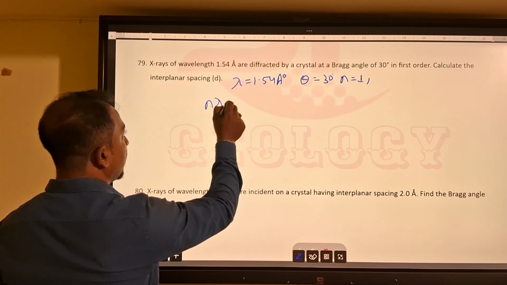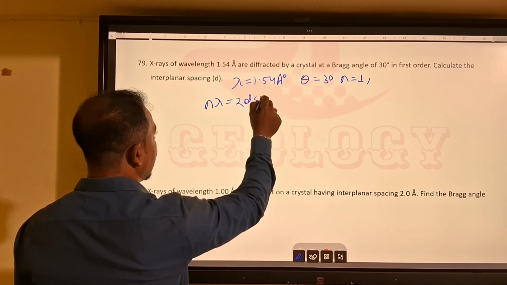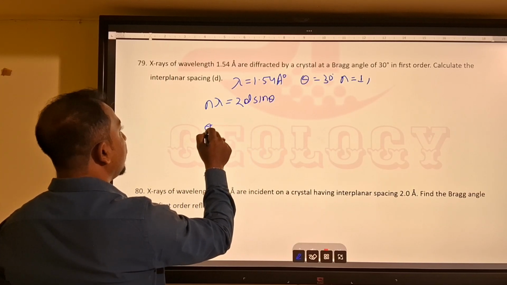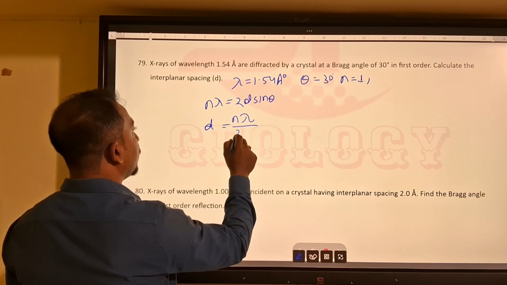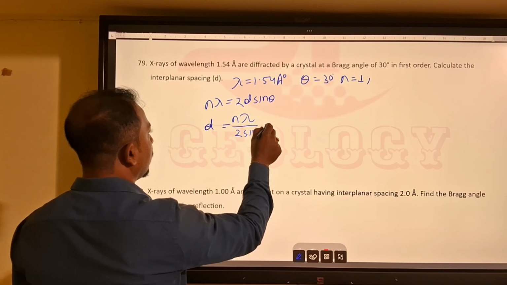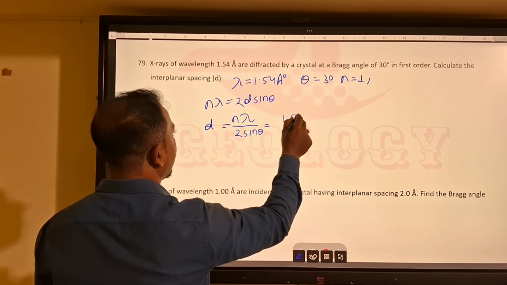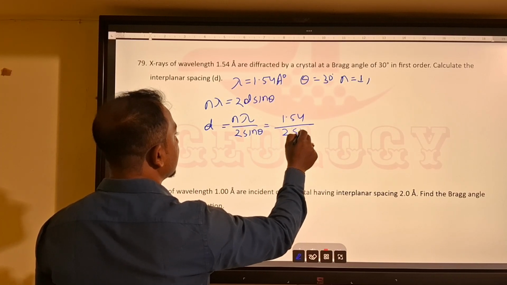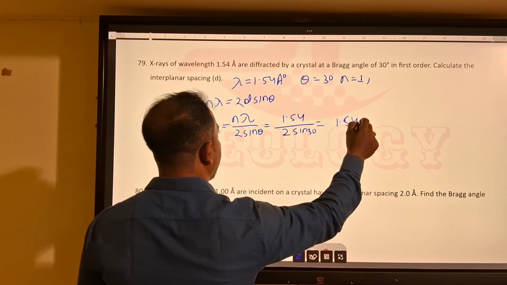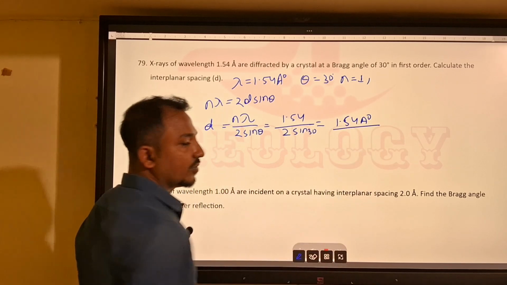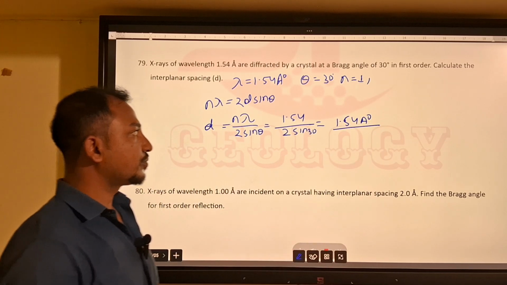We put in the formula n lambda equal to 2d sin theta. So d will be n lambda divided by 2 sin theta. n is 1, lambda is 1.54, then 2 sin 30 degrees. So it will be 1.54 angstrom, similar to the wavelength.